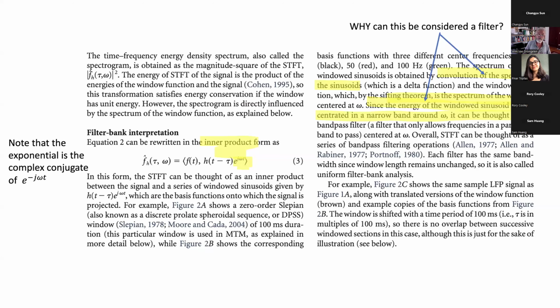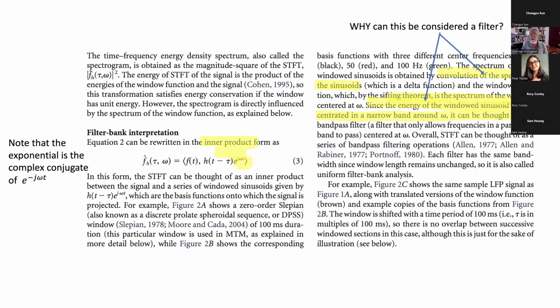What happens here is that we can consider the window as being multiplied in the time domain with the signal. And if you multiply in the time domain, then you get a convolution in the frequency domain. So it's just the opposite of what we have been doing with filters, where we have convolution in the time domain and a multiplication in the frequency domain.